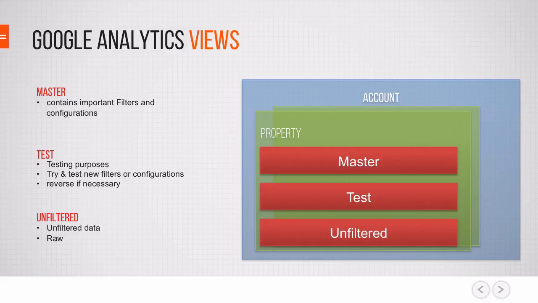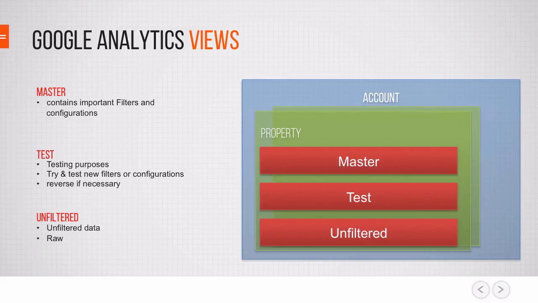Now let's talk about the other 2 views, the master and the test. Obviously, it's a bit of a testing stage here. Once you want to try out a new filter or a new configuration, you can test that in the test view, see how the data is processed when it comes in, maybe let it run for a week, and see if the configurations that you have made are satisfactory or you need to tune them.